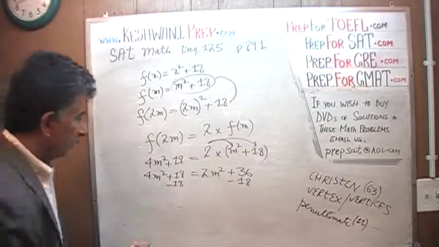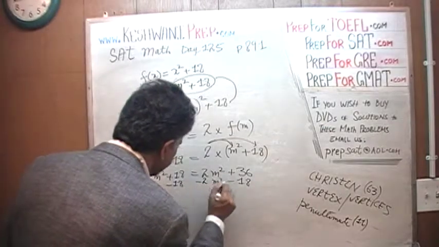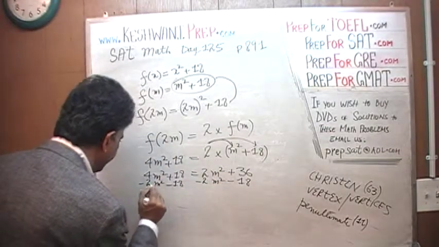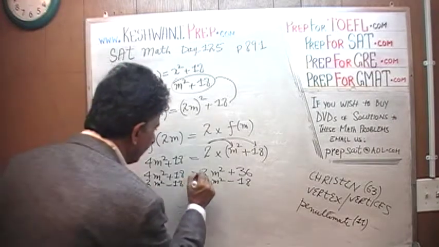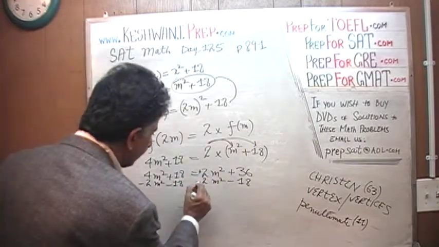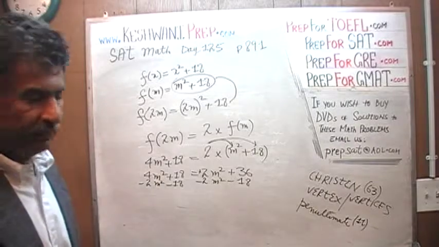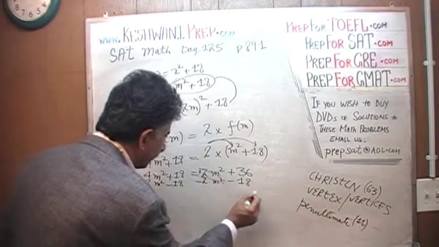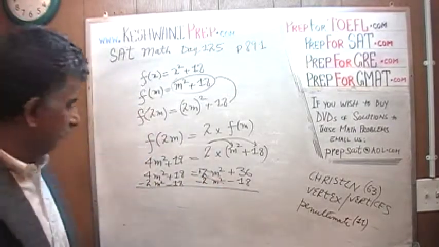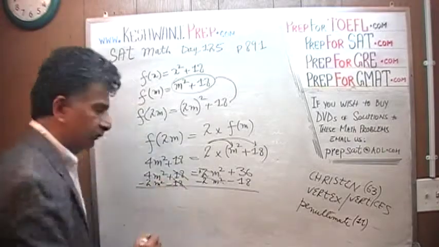Let's subtract 18 from both sides, and let's subtract 2m squared from both sides. Positive 2m squared will cancel out the negative 2m squared, which was the whole point. Similarly, positive 18 and negative 18 will drop out.